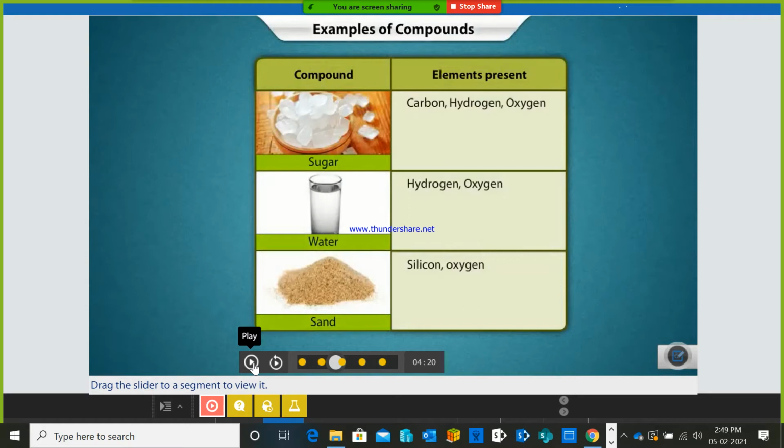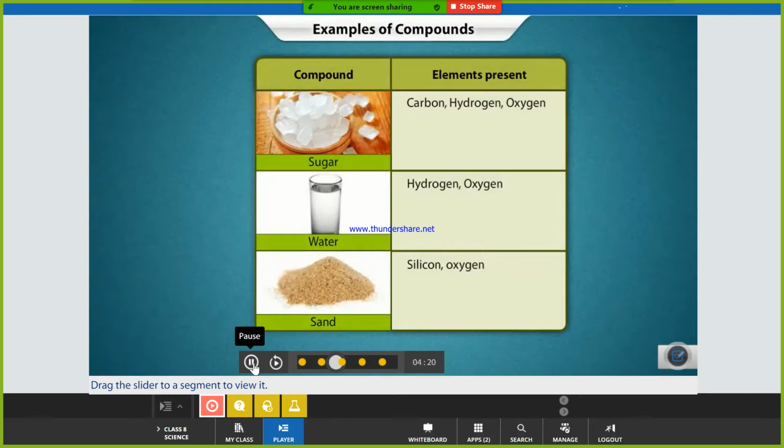Hydrogen and oxygen are the elements present. Sugar is formed by combining the elements carbon, hydrogen and oxygen. Water is formed by combining the elements hydrogen and oxygen. Sand is formed by combining the elements silicon and oxygen.